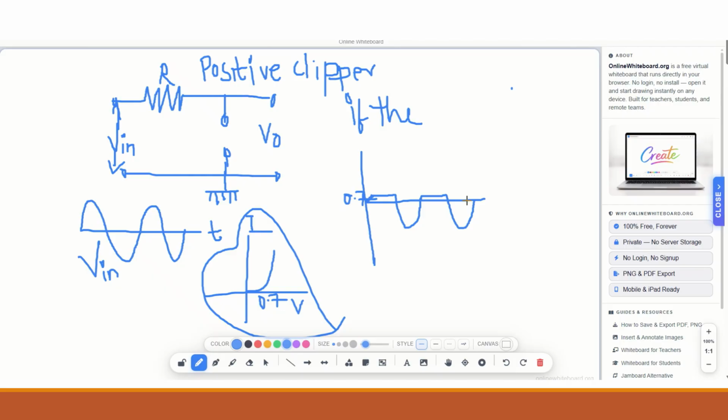If you are designing a negative clipper, the diode's direction will change. The diode is connected with the negative part on the upper side, as in the case of the negative clipper.